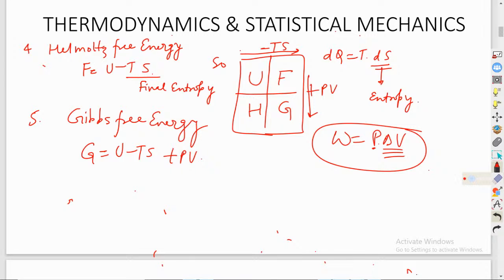My fourth equation is the Helmholtz free energy, which gives you the equation F is equal to U minus TS. TS is the final entropy of the system. Actually, entropy is a word which increases from the very ground state to the higher order. Entropy always increases in any form.